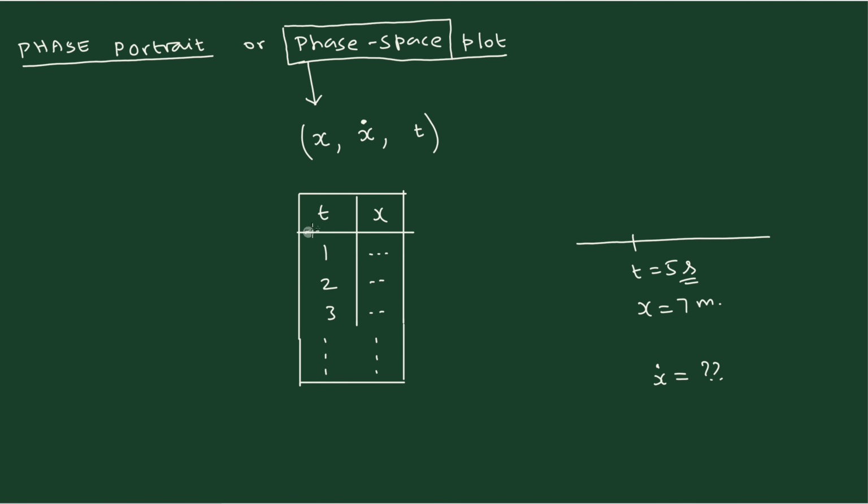Now using this particular t and x, you can immediately give a plot. So we can draw like this. The time axis is always horizontal. Remember, time is always the independent variable, therefore it has to be plotted along the horizontal axis, namely the x-axis. And then the vertical one would be the one which you are measuring, isn't it?